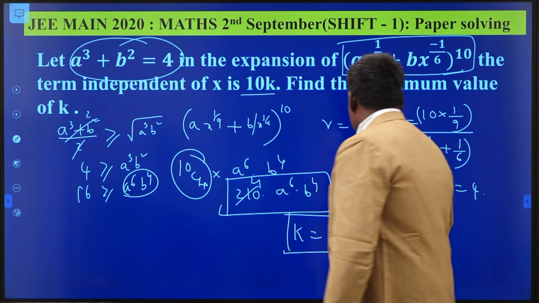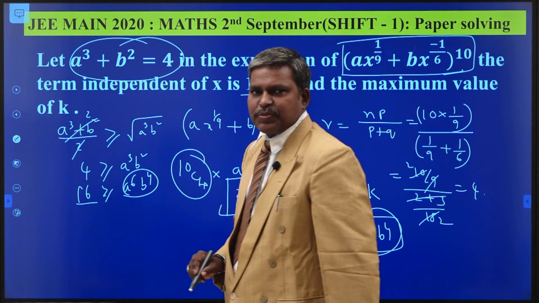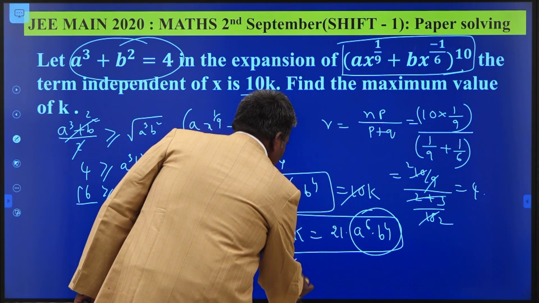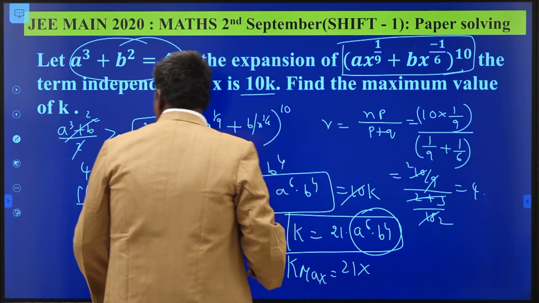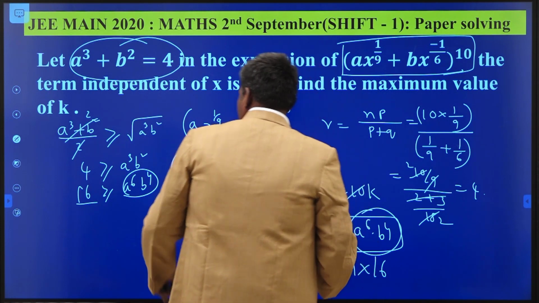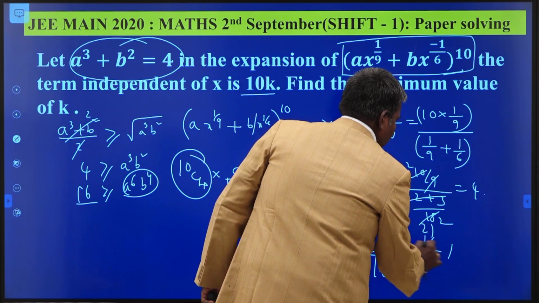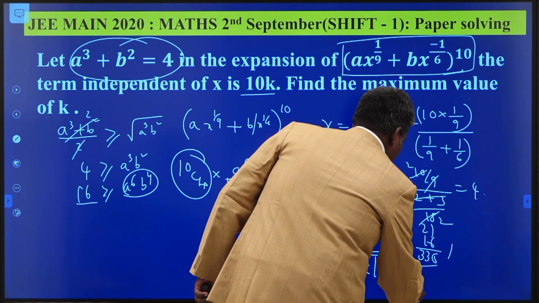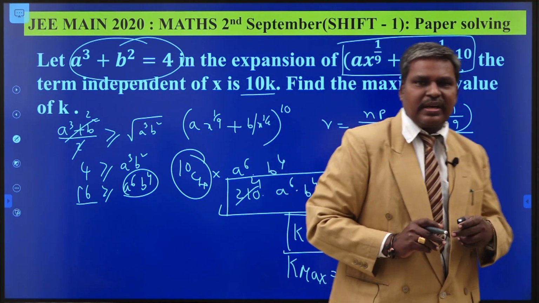So a power 6 b power 4 is here too, and its maximum value is 16. So substitute 16 here. We obtain k maximum equals 21 times 16. So 21 16s: 31, 32 plus 1, 33, 336. In this manner we can crack this problem.